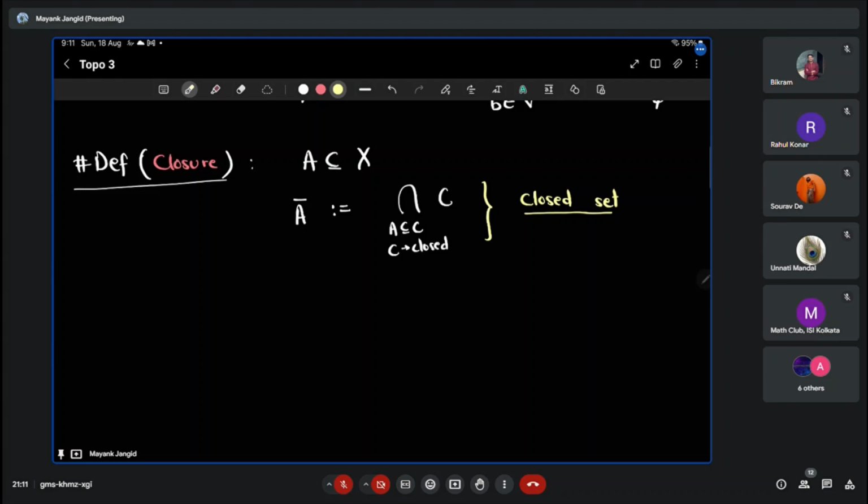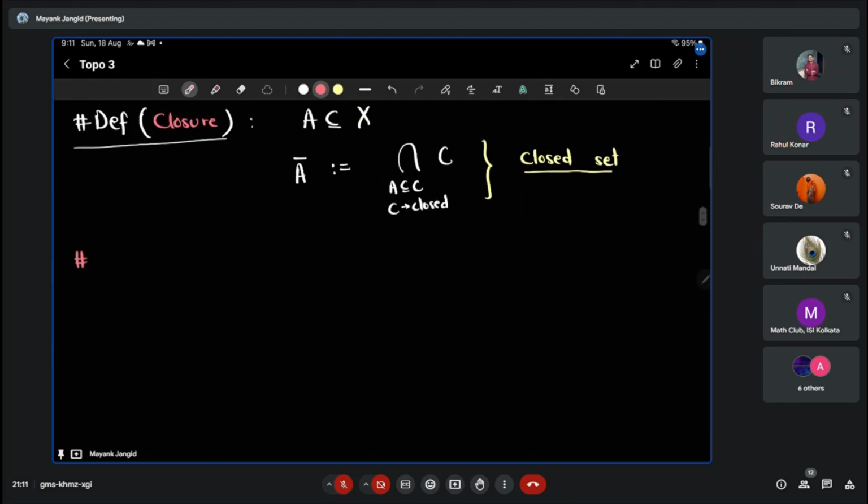Okay. Now I want to give one more characterization of this closure. I think Vedanta defined limit points in the previous lecture. So we will use those to give an equivalent definition.